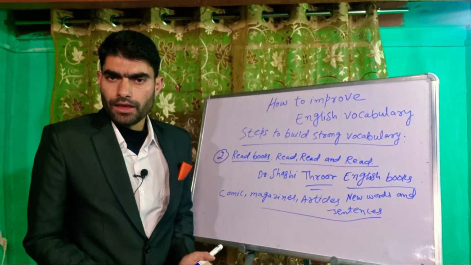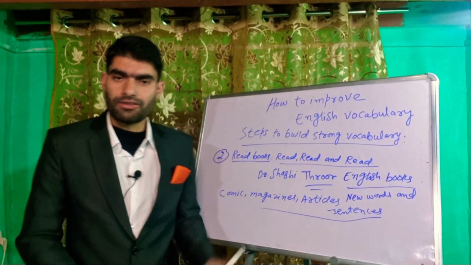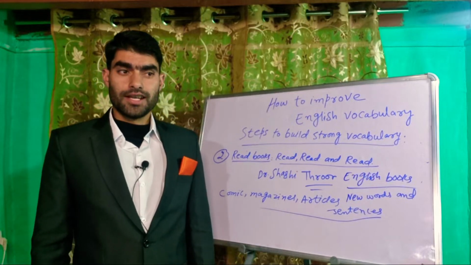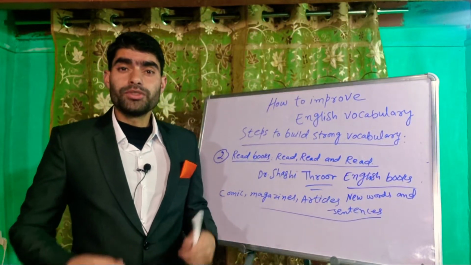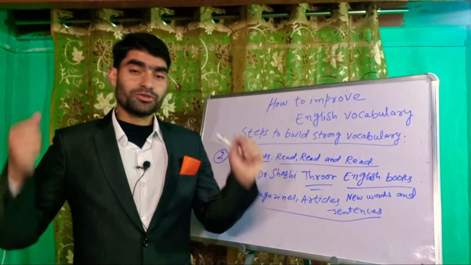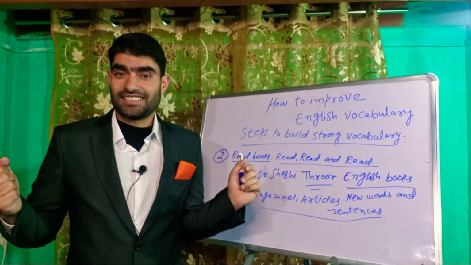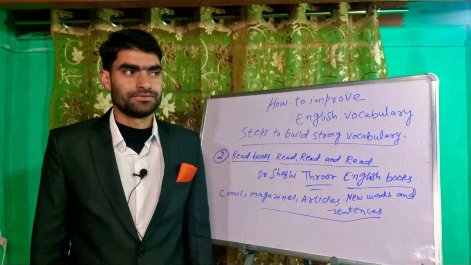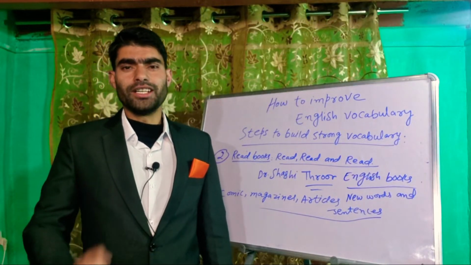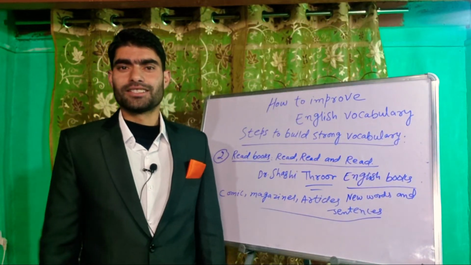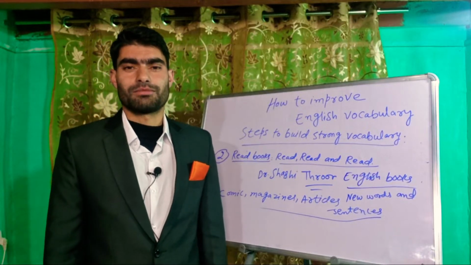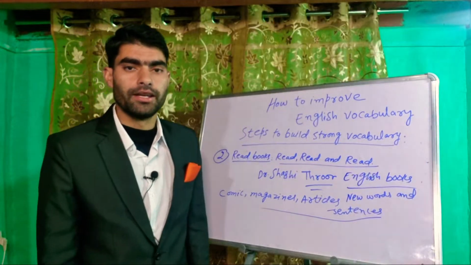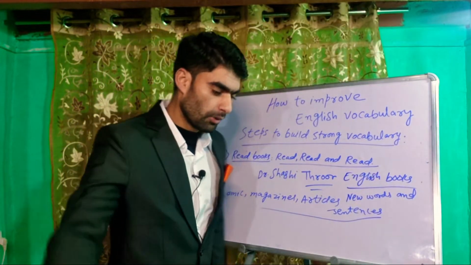Simply what I'm doing right now, I have learned thousands of words and sentences, countless words and sentences, and right now I am teaching you. I'm using those words and sentences because those are registered in my subconscious mind, and I don't need to force my subconscious mind to speak for me right now. These words and sentences come automatically out of my subconscious mind. It's all about practice. Got it?